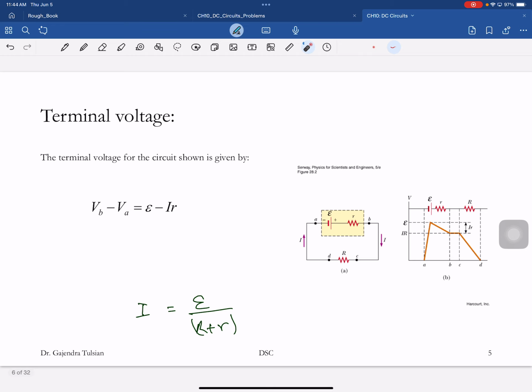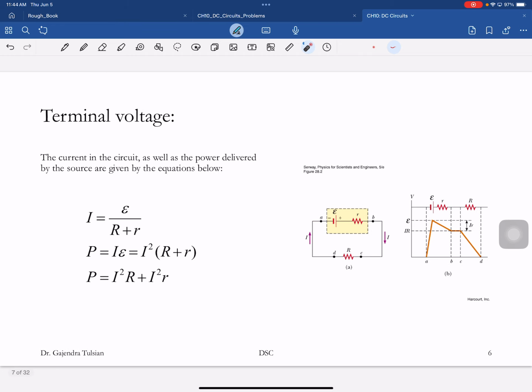All right. So the current in the circuit is the EMF of the battery divided by the total resistance, and the resistance, for a series connection, is just the sum of the resistors. The power delivered by the battery is the EMF of the battery times I. And EMF is I times R plus r, so power can be written as I squared R plus I squared r.